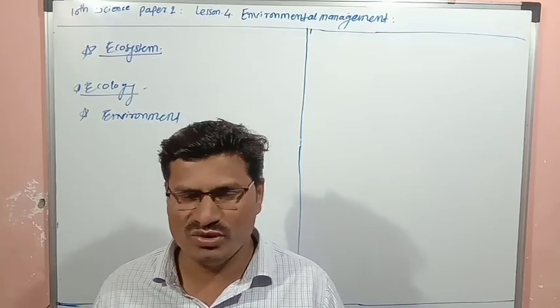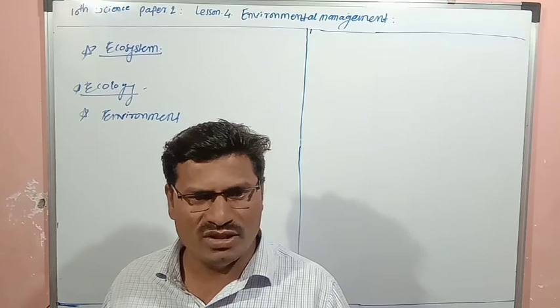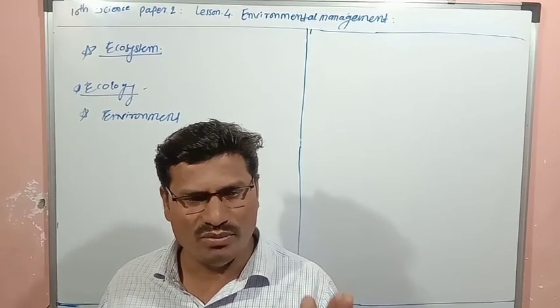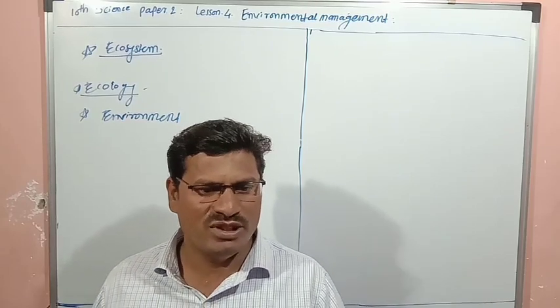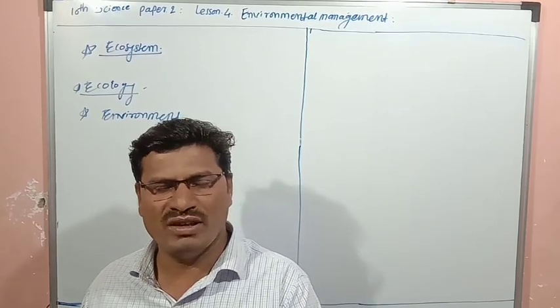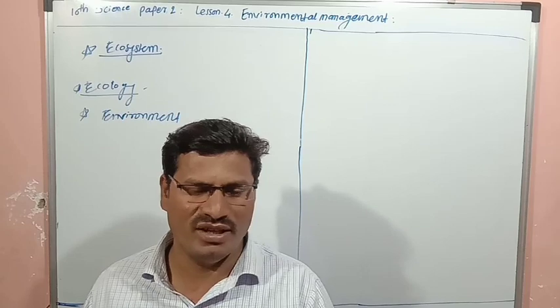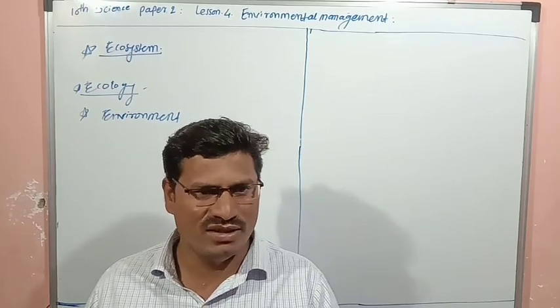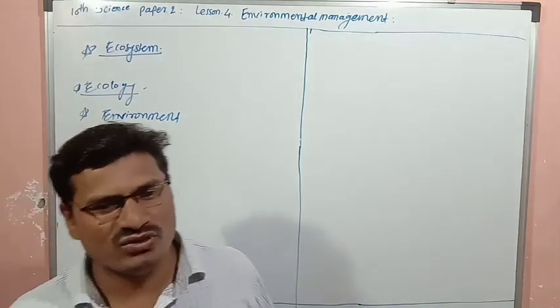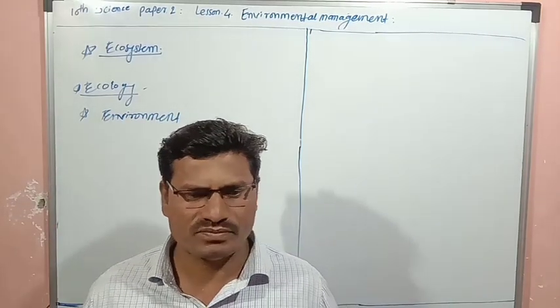So what is meant by ecosystem? Biotic and abiotic factors which are occupying a specific geographical area, and their interactions, are studied in the field called ecosystem.